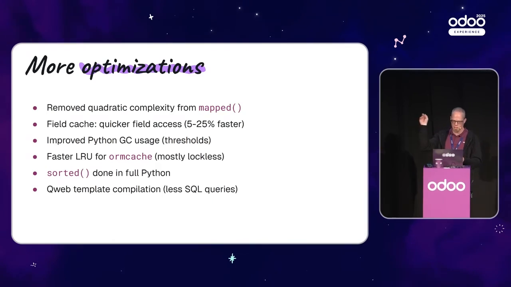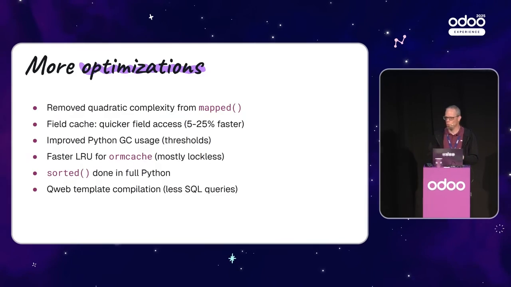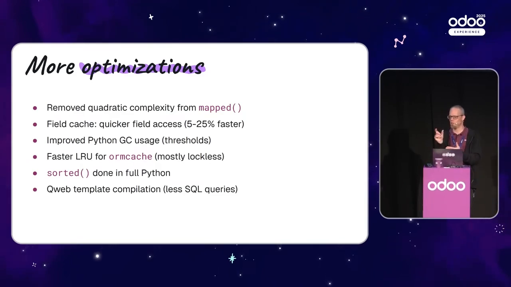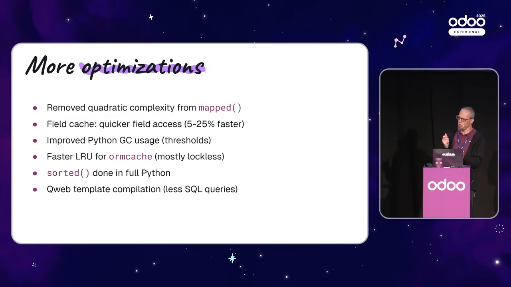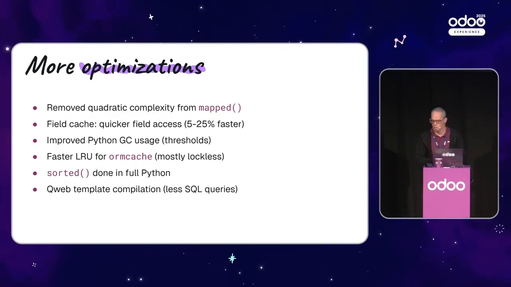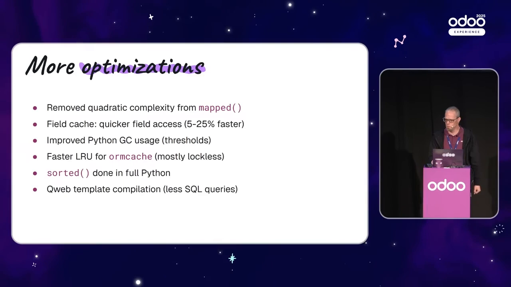And we've noticed that when we're loading a registry, we load a huge amount of Python code, and the garbage collector is essentially useless during that phase. So while loading the registry, we turn the garbage collector off and turn it on again after that. That's a mini optimization, but it actually makes a difference.